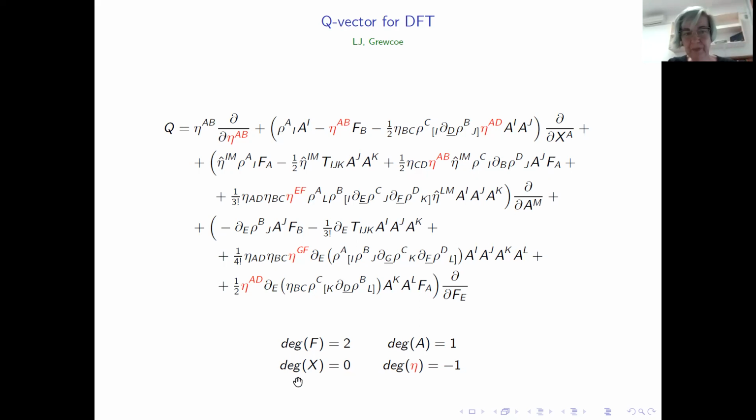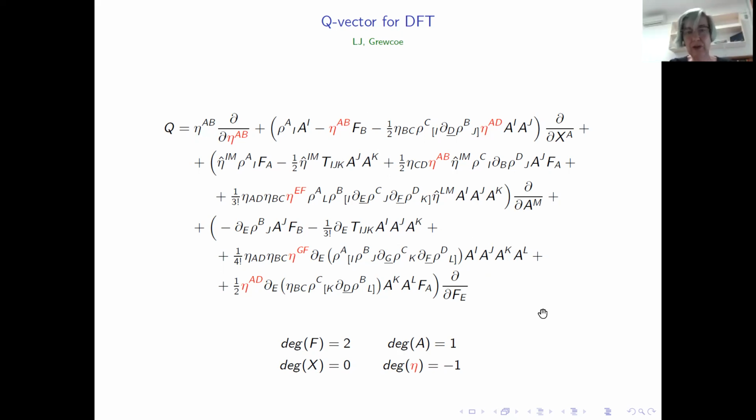So you see, X is the field of degree 0. Think of this as a coordinate. f is of degree 2. A is of degree 1. However, my mu0 element, when you go into the dual picture, will have grading -1. So in a way, I went outside of what they were considering. I allowed for negative grading.